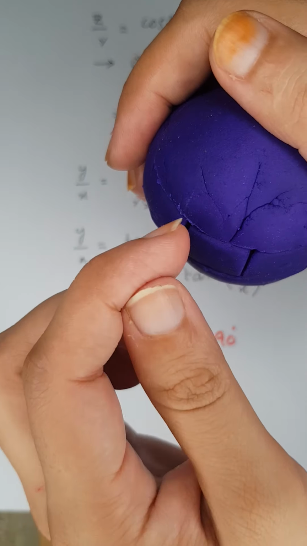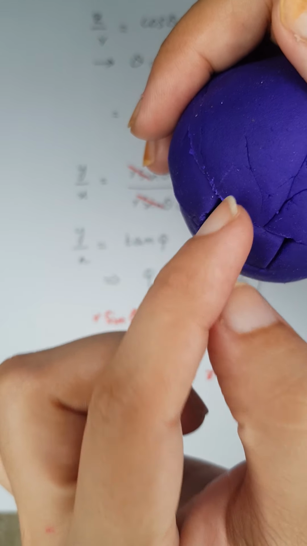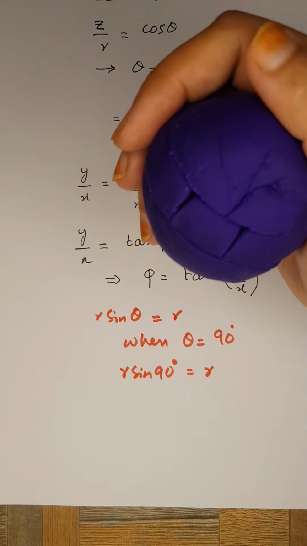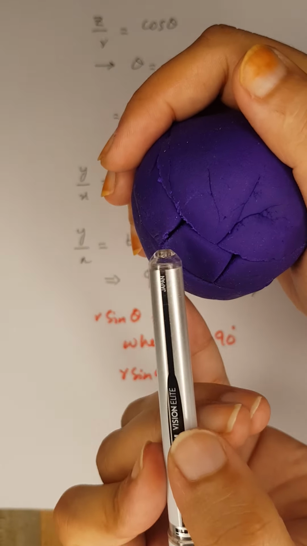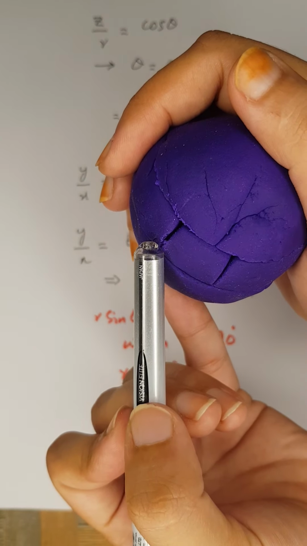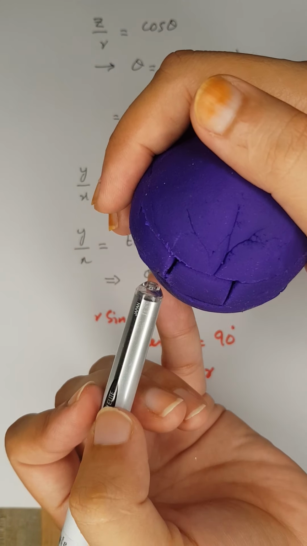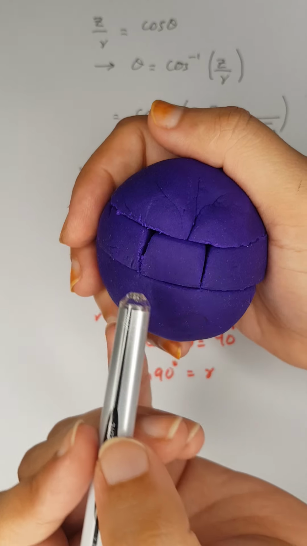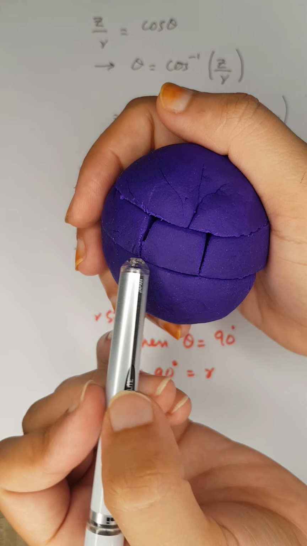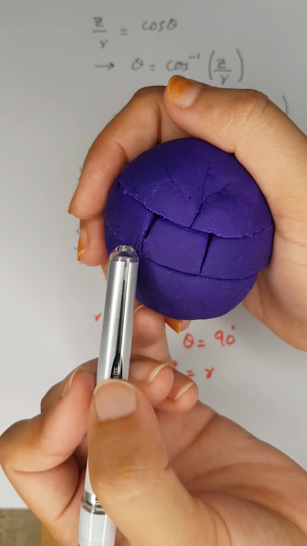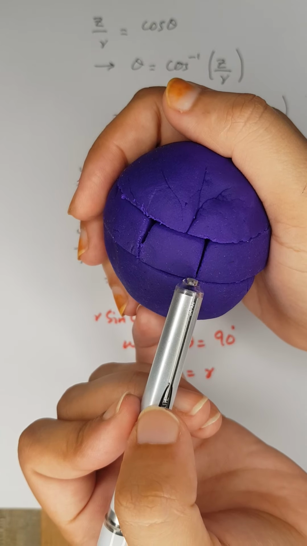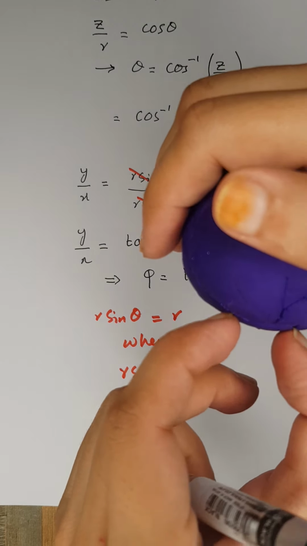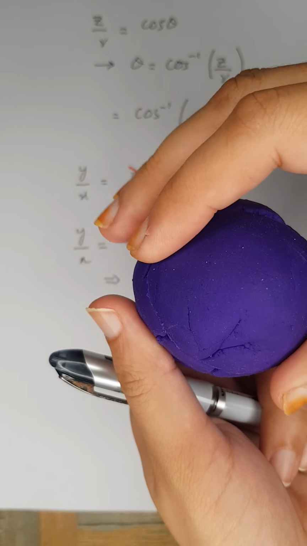So let's say this vertical distance shows the increment in theta. Similarly, if I turn it around, this rotation gives us the change or increment in phi. Or if I take a small patch of this sphere, let me take it out.